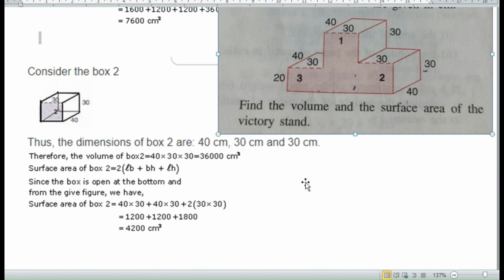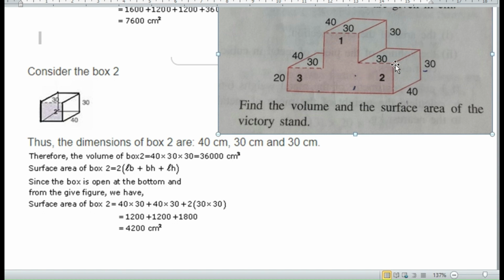Now stage 2, box 2. Here this is 30 cm, this is 40 cm, and height is 30.